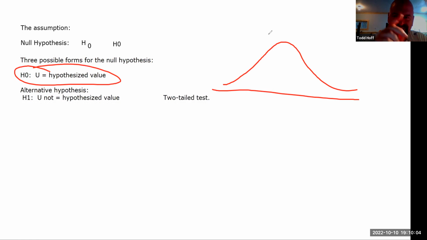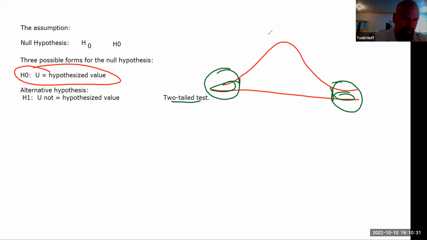Since we're claiming that it's exactly equal to the value, well, then we could disprove, well, not disprove it, but it would show that it's unlikely if we get a sample value that's way too large, or if we get one that's way too small. Equals means right down the middle. It's called a two-tailed test because we can reject the null hypothesis if we get evidence far enough out on either tail.